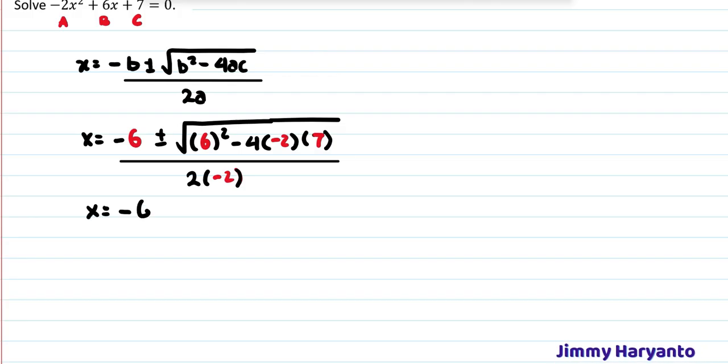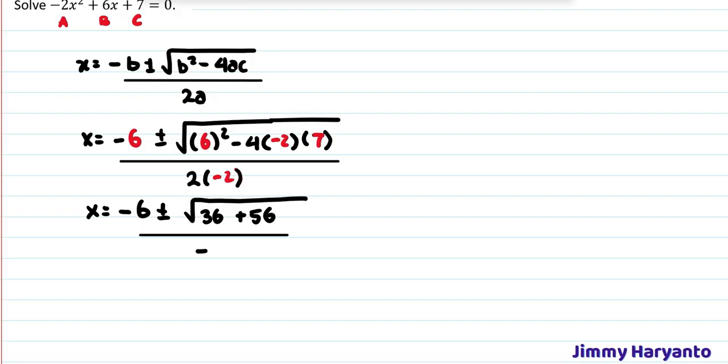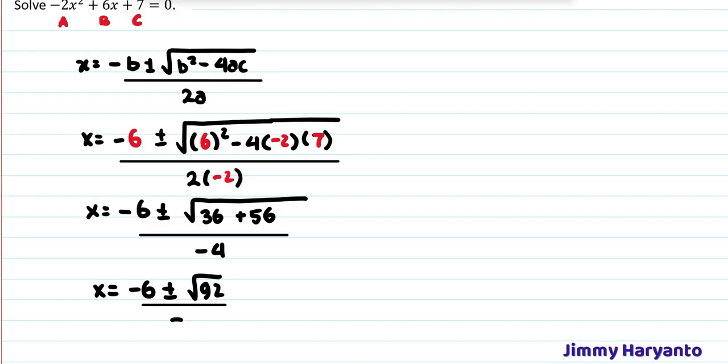So x equals to negative 6 plus minus square root of, this one is 36, this one is 56, so 92 over negative 4. So x equals to negative 6 plus minus square root of 92 divided by negative 4.